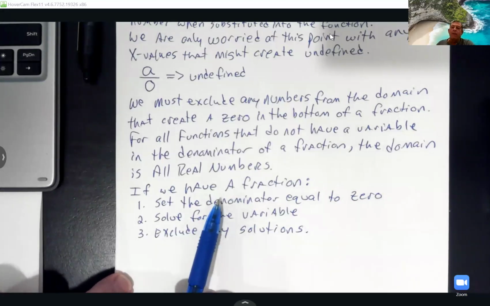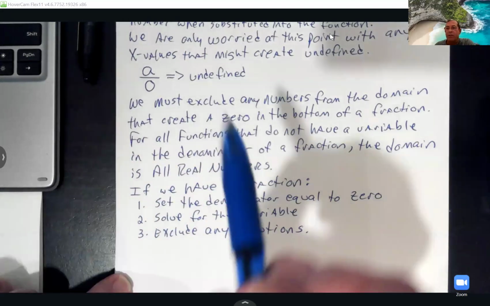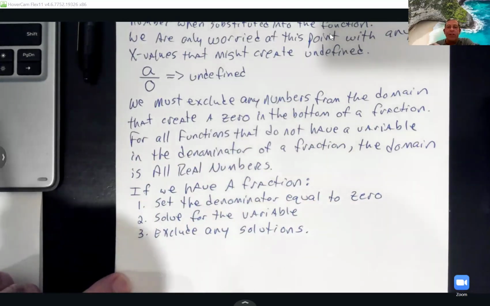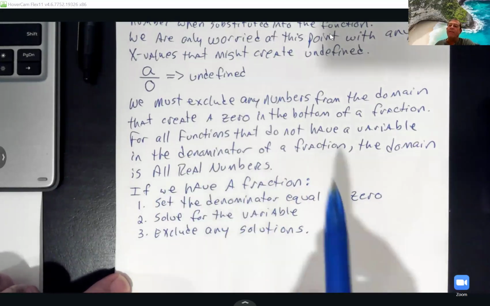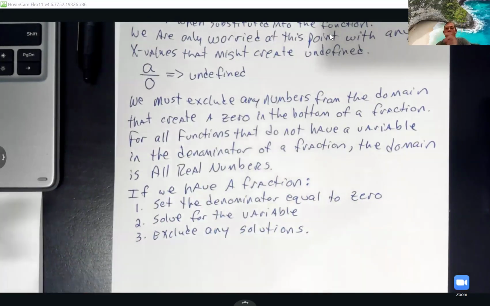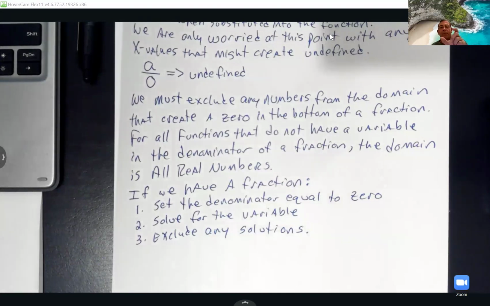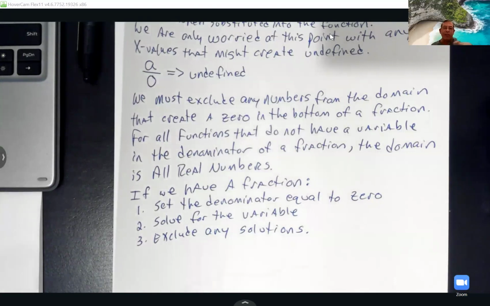So remember, I'm going to look at these functions. If I don't have a fraction, it's going to be good for all real numbers. If I do have a fraction, I'm going to see what the bottom takes to make it equal 0. And then I will exclude that number out of my domain, okay?